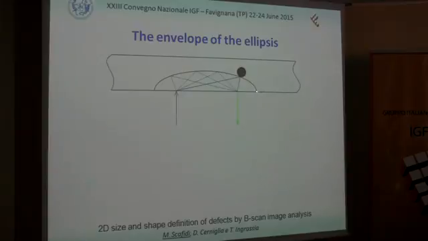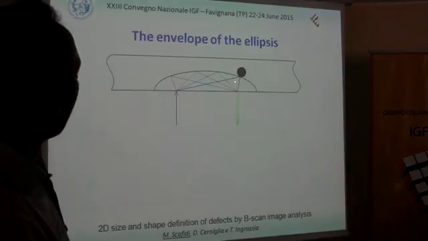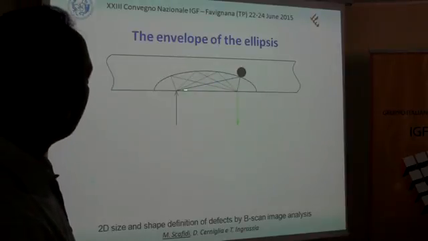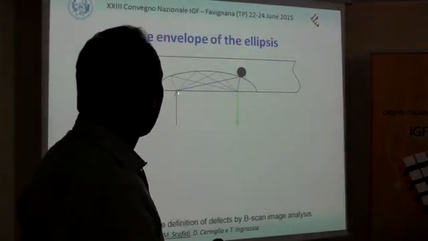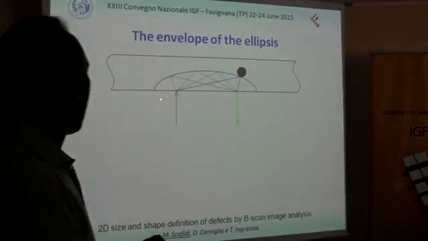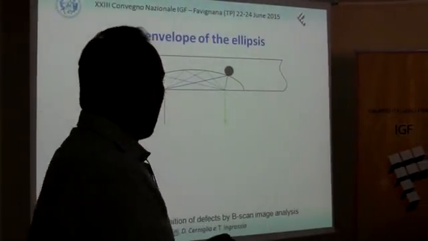Then we can build an ellipse. This is an ellipse with that is the geometrical plate distance from these 2 points that are the generate and detect points.